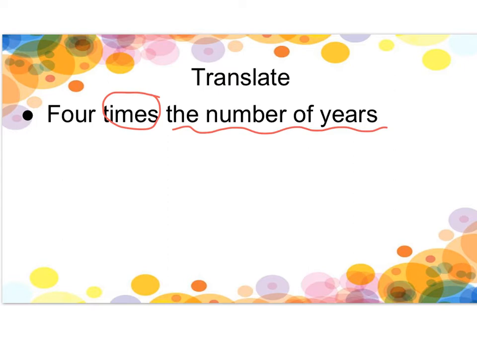So if I translate 4 times, and I can use a dot, I can use parentheses, I can use nothing if it's between a number and a letter. So I have 4 times, and now I want to use y for the number of years. I could use any letter, but I think y for years makes sense. And I'm done.